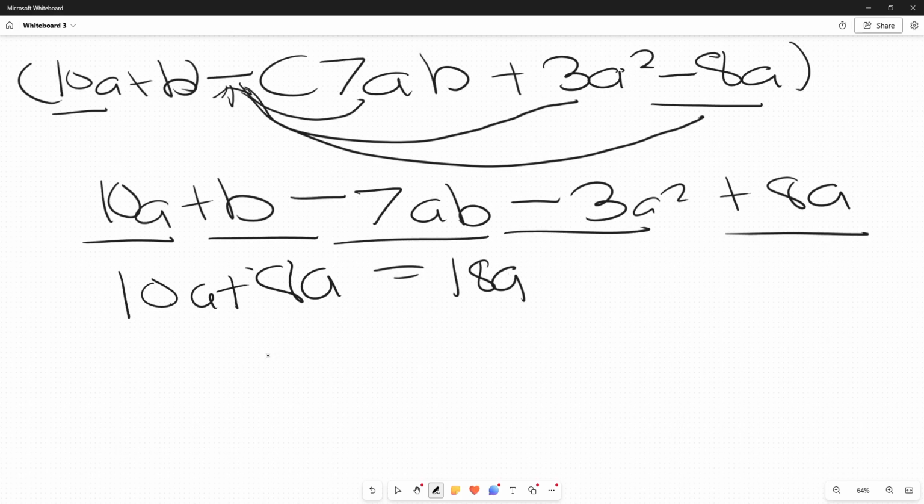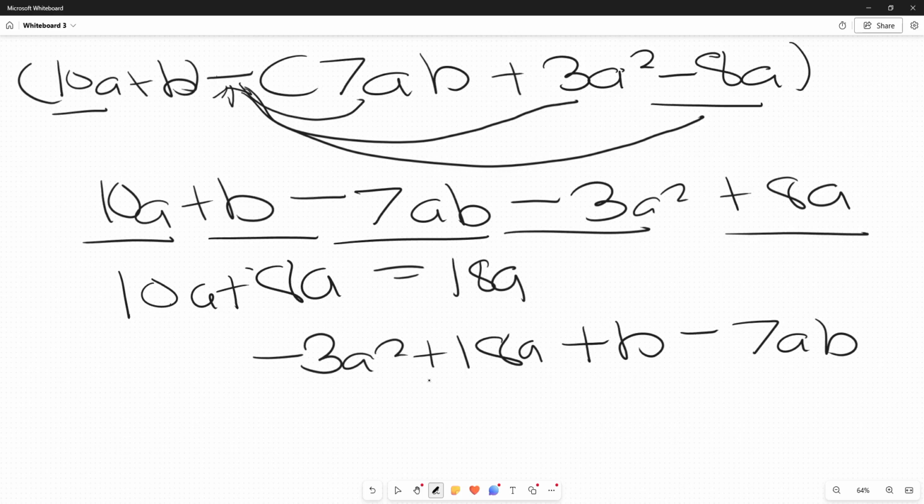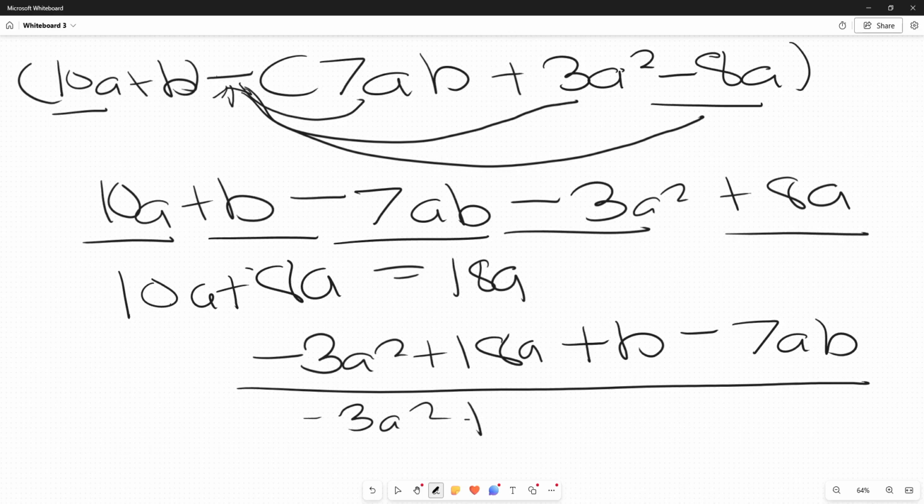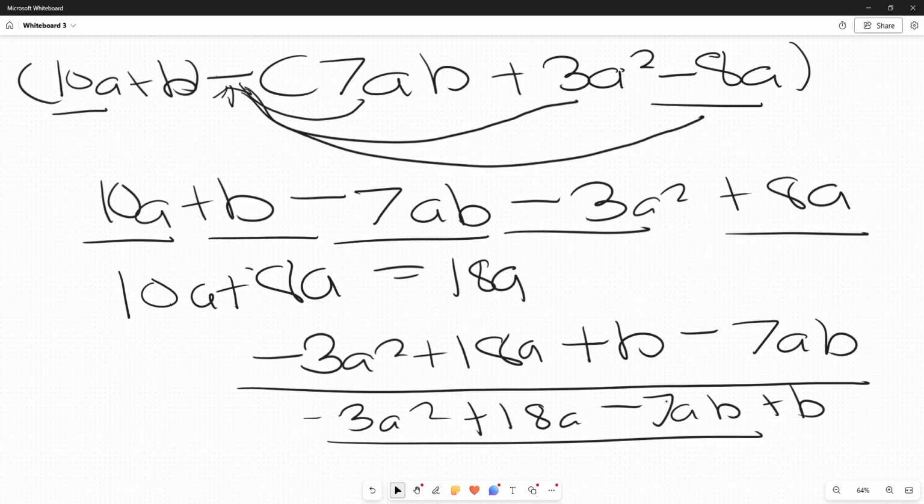So the final answer would be negative 3a squared plus 18a plus b and negative 7ab. That's the final answer. Or it can be negative 3a squared plus 18a minus 7ab plus b. But either way, those two are basically the same. So let's move on.